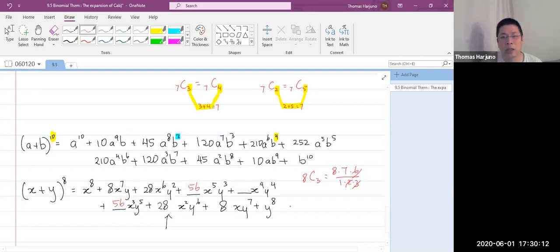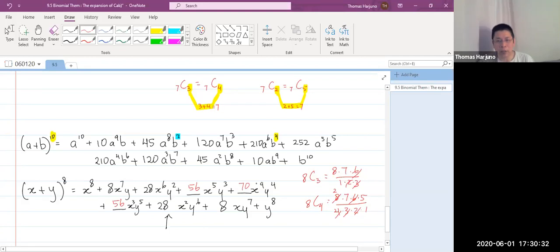And then lastly, 8 combination 4. That's 8 times 7 times 6 times 5 over 4, 3, 2, 1. 6 cancels this way, this cancels this way, so that's 70. Okay, do you get the same thing? I hope so.